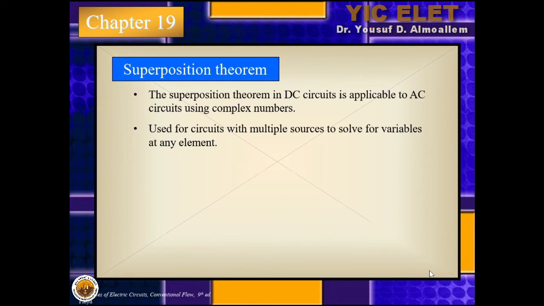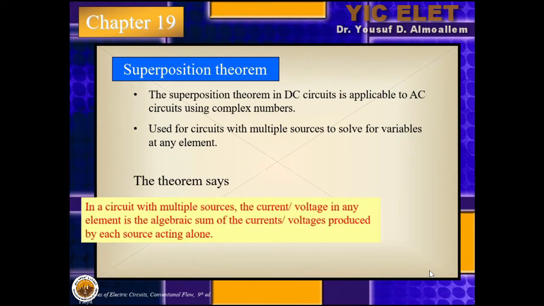It is used for circuits with multiple sources to solve for the variables at any element. If we have multiple sources in the same circuit, we can use this theorem to find the voltage or the current at any element.